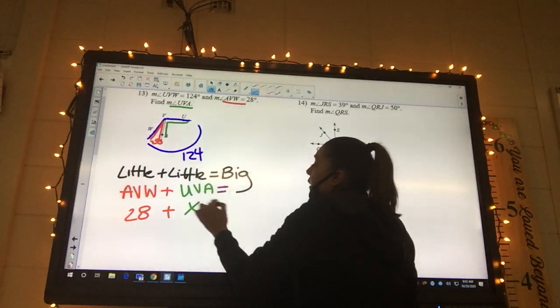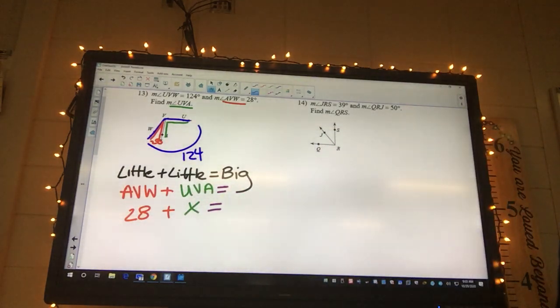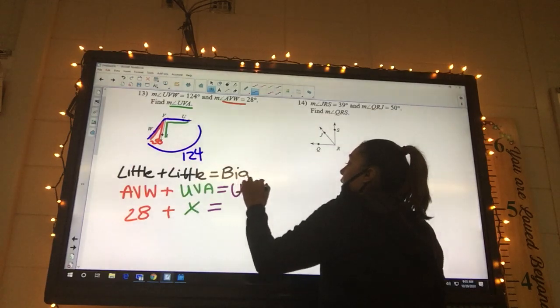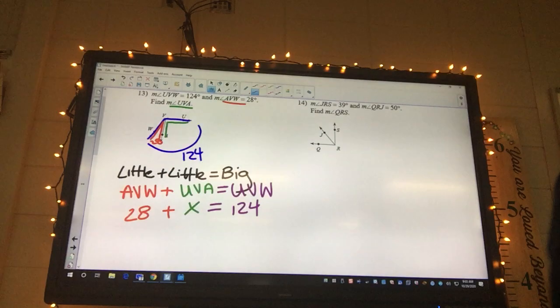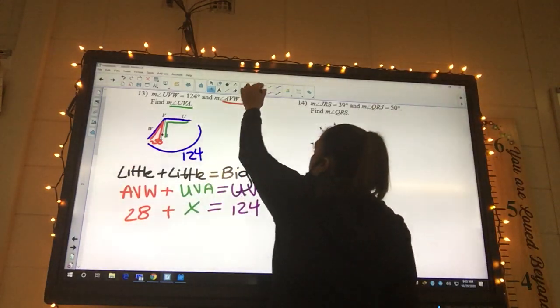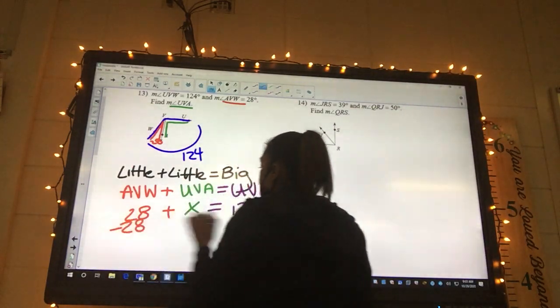And our other big one is what? 124. Well, what's it called? UVW, and it's 124 degrees. So right now I have 28 plus X equals 124. Wouldn't we have to do 124 minus 28 to get the other little angle? Yeah. Okay, so we're going to subtract 28 from both sides.